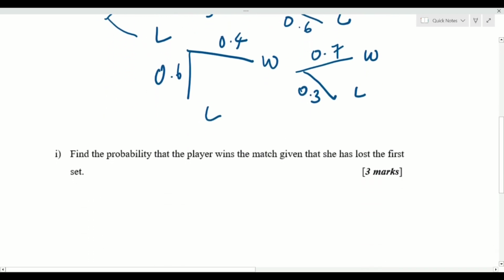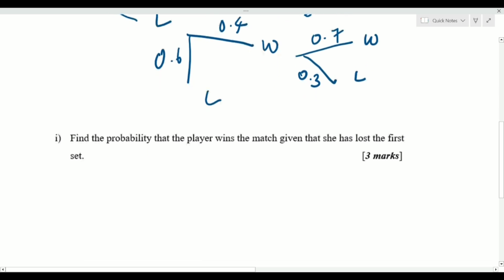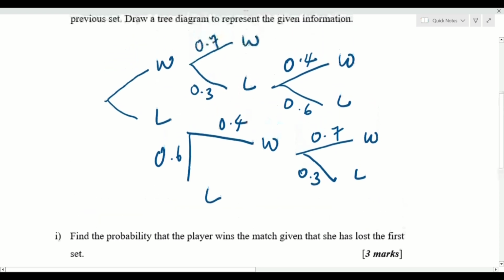Now find the probability that the player wins a match given that she has lost the first set. That means we need to find the probability that the player wins a match when she has lost the first set.